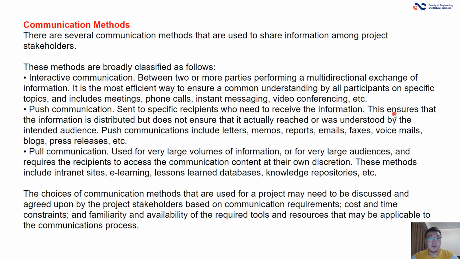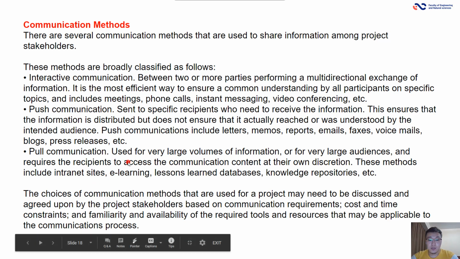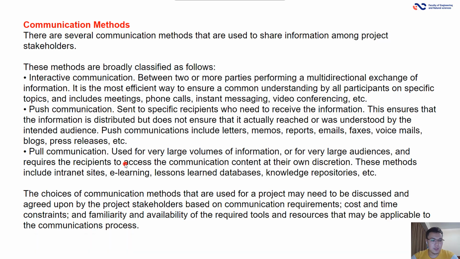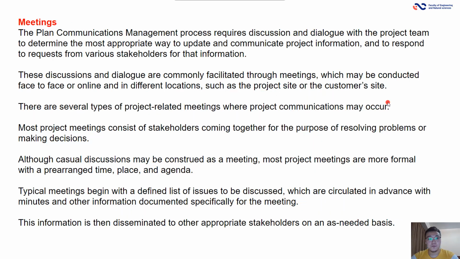Communication methods. There are several communication methods that are used to share information among the project stakeholders. These methods are broadly classified as follows: interactive communication, push communication, and pull communication. The choice of the communication methods used for a project may need to be discussed and agreed upon by the project stakeholders based on the communication requirements, cost and time constraints, and familiarity and availability of the required tools and resources that may be applicable to the communications process.